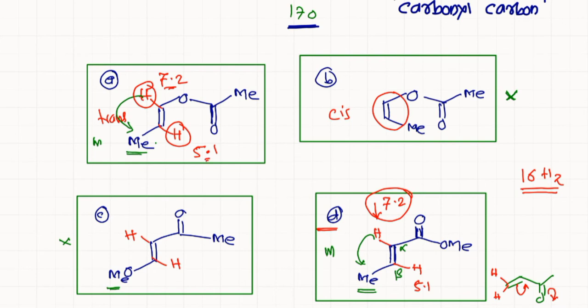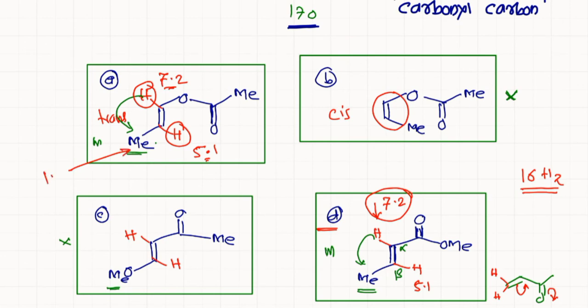Then another is the methyl group. You know that the methyl group is given as a doublet. Now which methyl group gives the doublet? The methyl which is directly connected to this one.